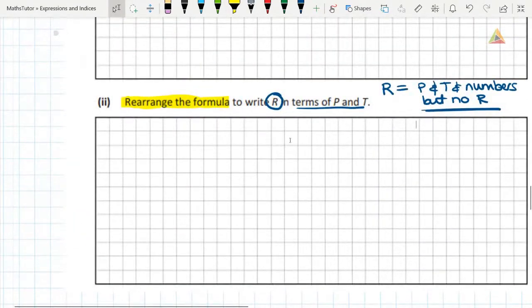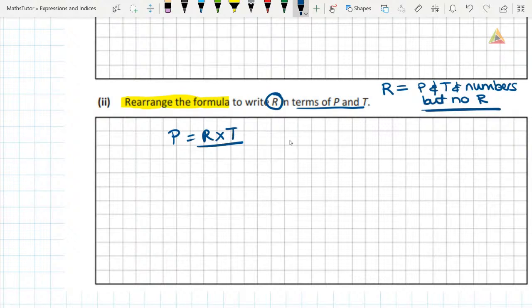Okay, so P is equal to r times T divided by 5252. So remember, we want r equals. It said rearrange the formula to write r in terms of P and T. So I want r on its own. I need to rearrange this formula to get r on its own.